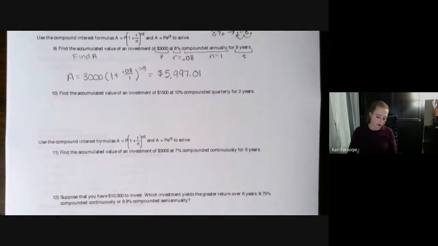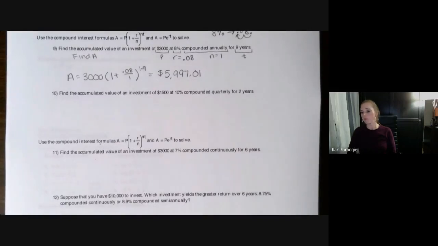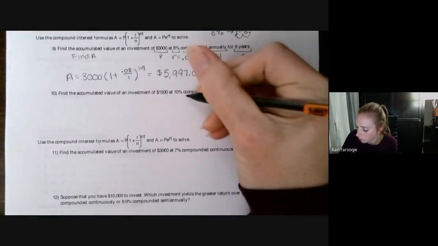Now, if it's compounded quarterly, how many times per year does it compound? 4, yes, agreed. Compounding quarterly means n equals 4.